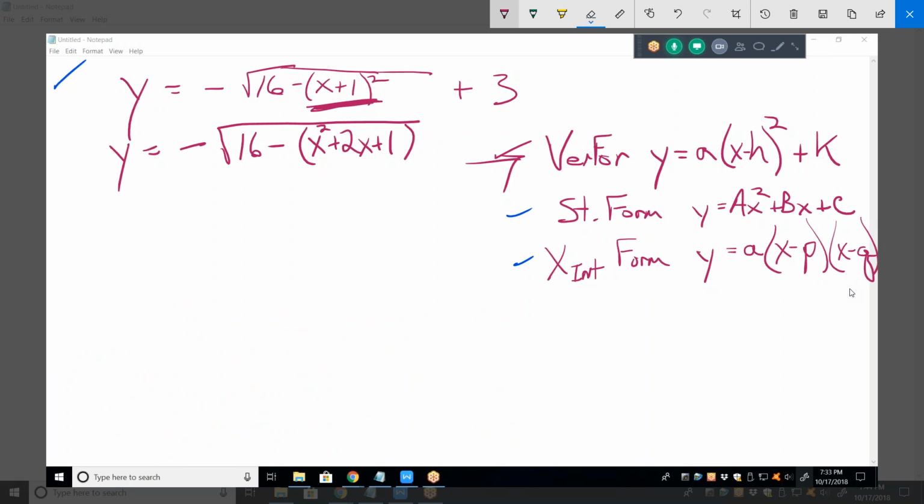Okay, now let's combine everything and see what we got. I'm not sure yet whether we're going to find a perfect square or not, but okay, let's see. So that's minus x squared minus 2x minus 1 plus 16, which is plus 15, plus 3 outside.